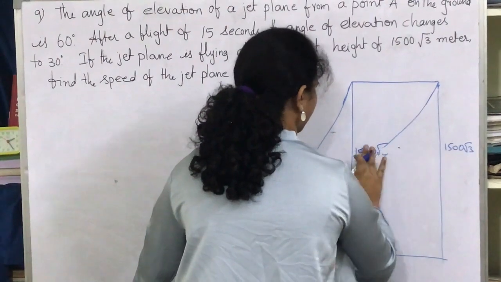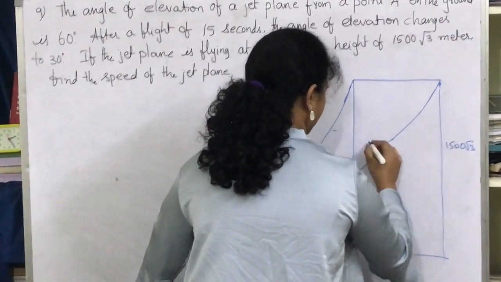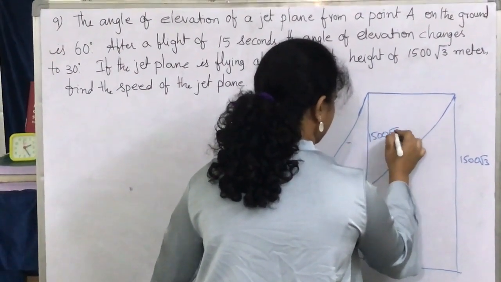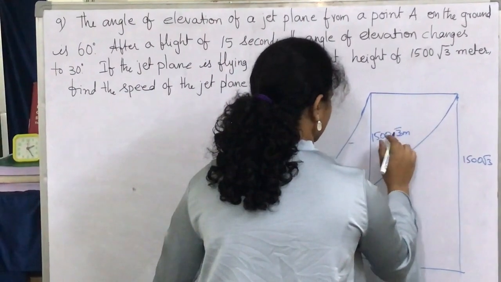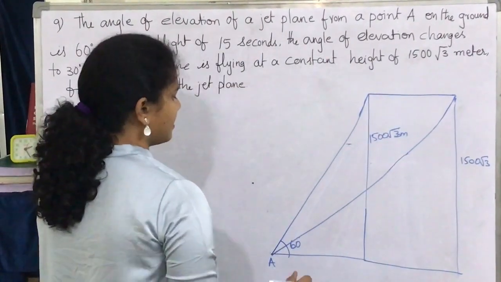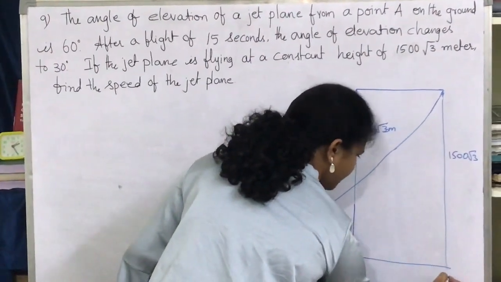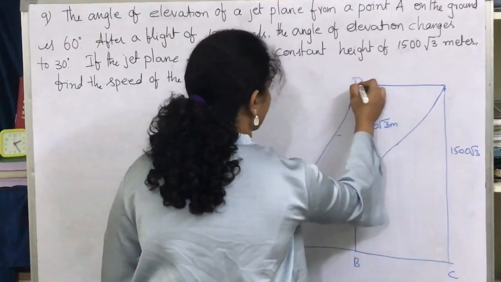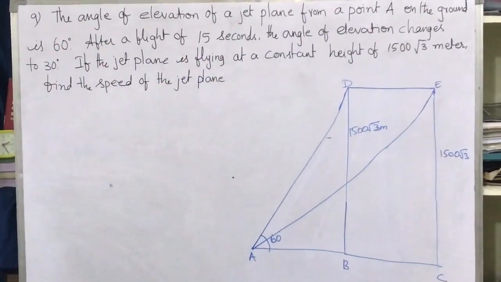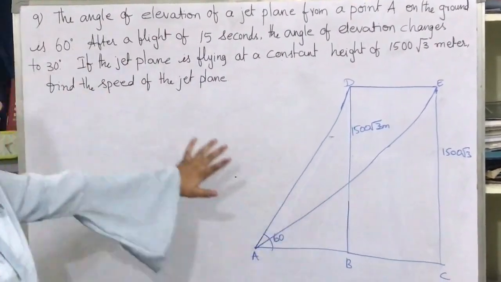Now here we got 1500 root 3 meters. Done. Now let this point be B, C, D, E. Done. Now here we made a picture. Here I made a diagram according to the given data.